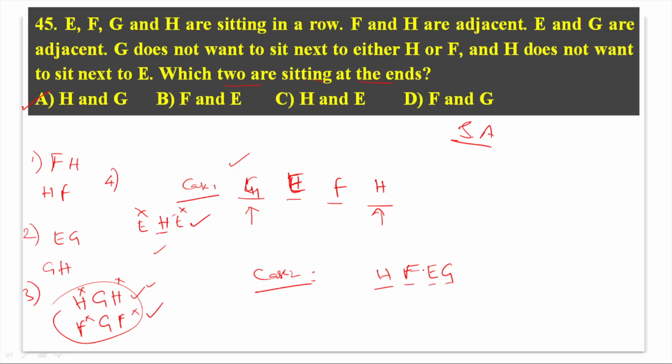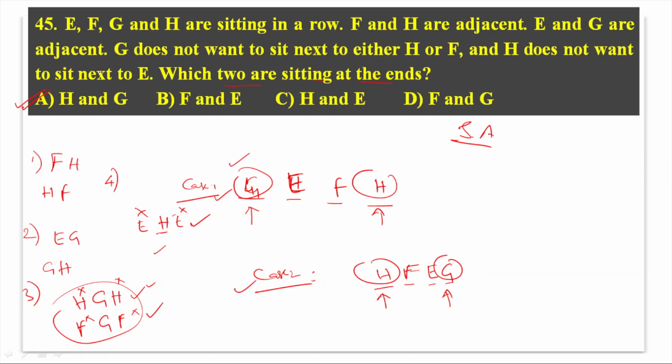So G must not sit with H and G must not sit with F here. And H must not sit with E. So in this case also I am getting the same answer. So whether I take case 1 or case 2, I am getting the same answer. In both the cases, I am getting the answer as G and H are sitting at the extreme ends here.